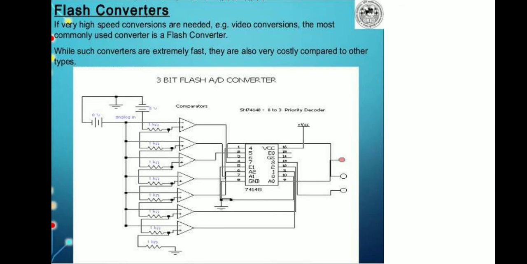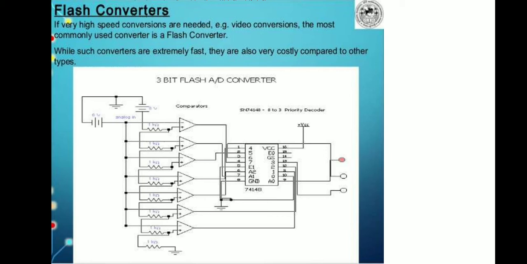First is the flash type ADC. The figure shows the circuit diagram of a 3-bit flash type ADC, which consists of a resistive network, comparators, and an octal to binary converter.